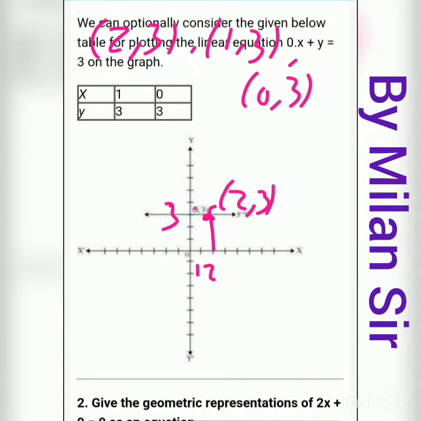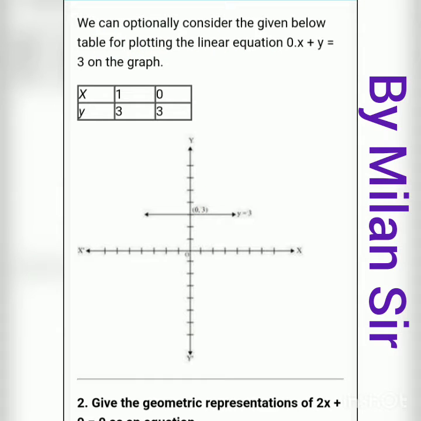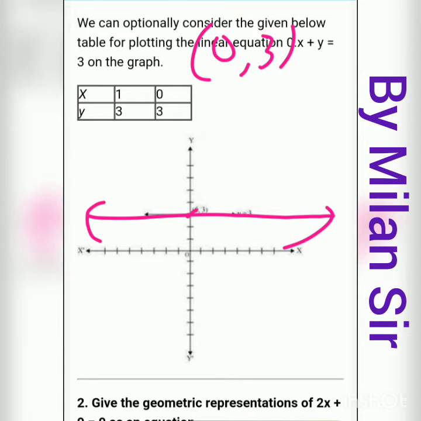And here we have the location of (1, 3). If we join these two points, we get one horizontal line. (0, 3) is also on the line. Here our x coordinate is 0, so this point lies on the y axis. So on the y axis we check this 3. If we join these points, we get one horizontal line.